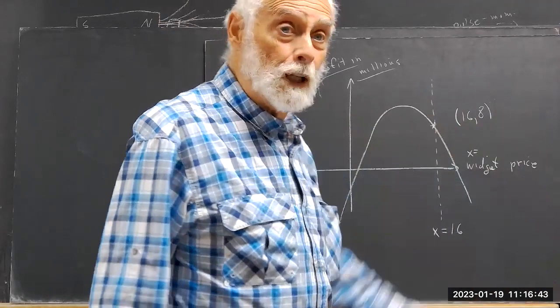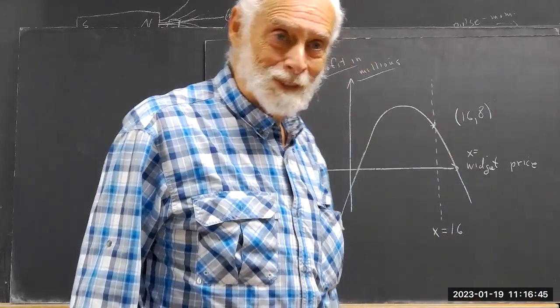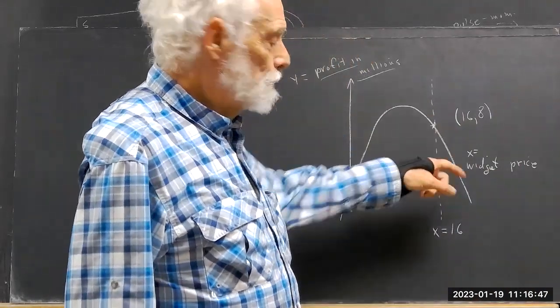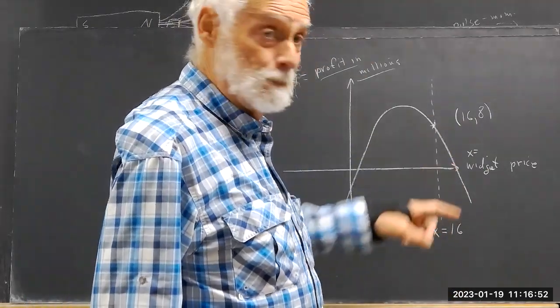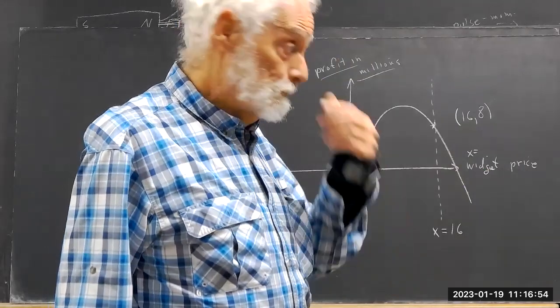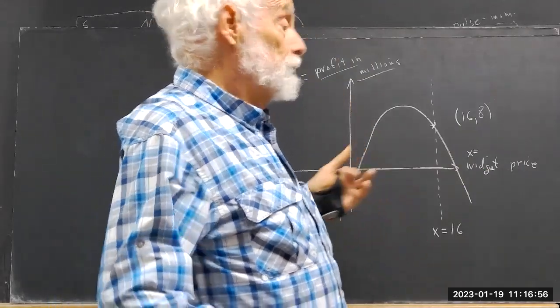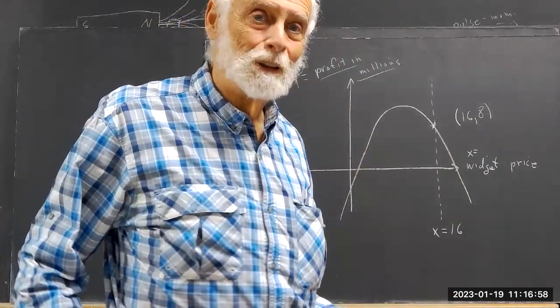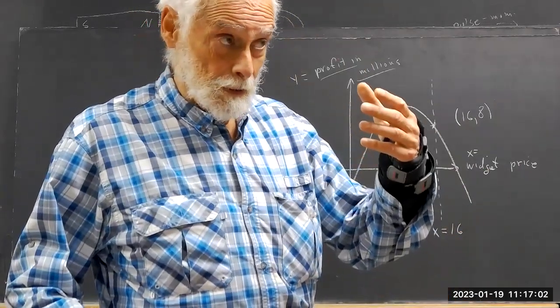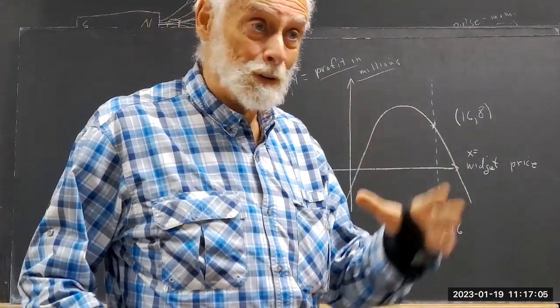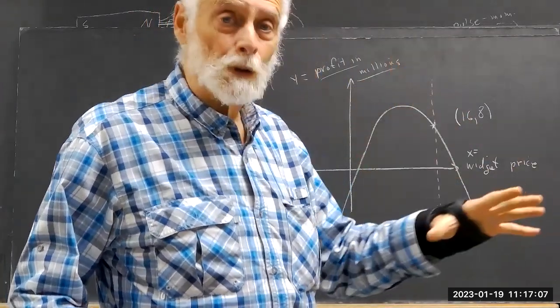Okay. If you put the price too high, you're not going to sell many widgets. Just a little beyond this point, you're just not selling any widgets. You're not making any money at this point because there's no profit. Now maybe you're a startup and you got to build market share and you got all kinds of decisions to make on what price point is going to work for you.